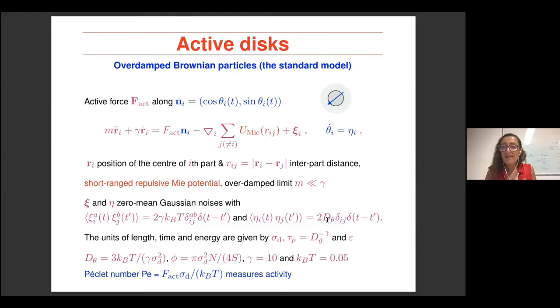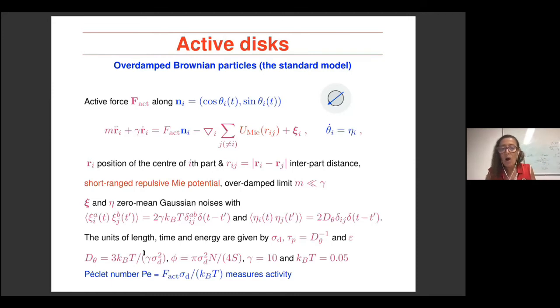So you have a diffusion coefficient, or better said, a strength of this angular noise, which is another parameter in the problem. It can be independent of temperature or related to temperature, but with some independent parameter within this D theta. Here, for certain cases, you can argue that it has to be given by the temperature over the friction coefficient and over the diameter of these particles.